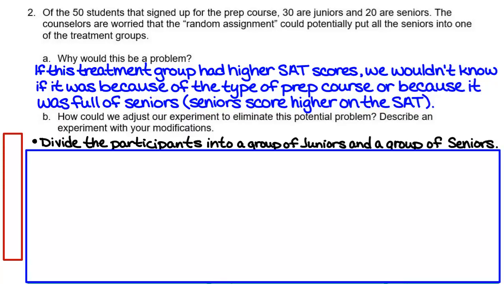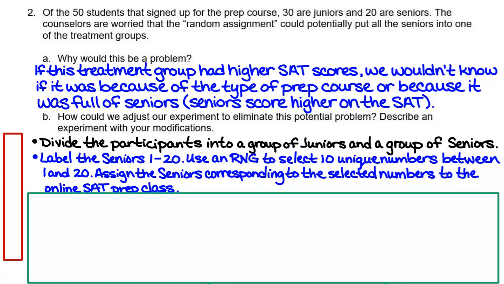All right, we're going to describe the process for one, and then we'll describe the process for the other. So let's look at the seniors first. We're going to label our seniors from 1 to 20. We're going to use a random number generator to select 10 unique numbers between 1 and 20.